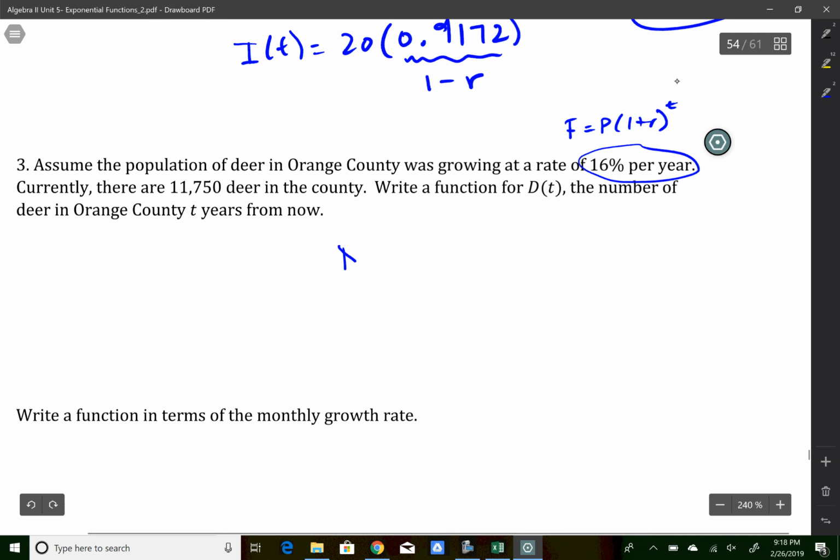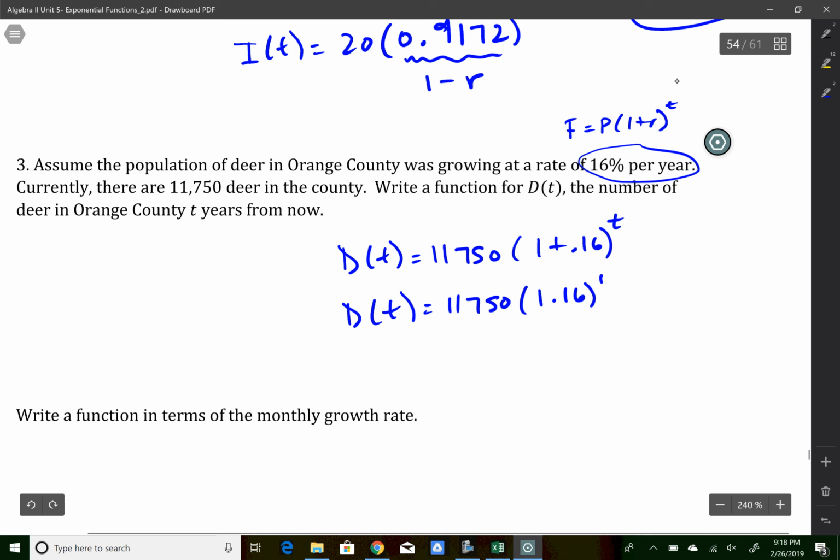So we'll say d of t is equal to the initial value of deer, 1 plus the yearly rate, all to the t. So I can rewrite that. Again, we just want to clean up that fraction, that parenthesis, and we are all good.